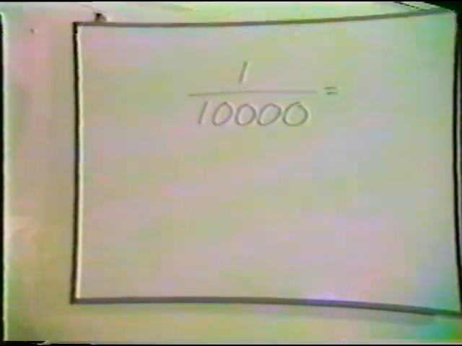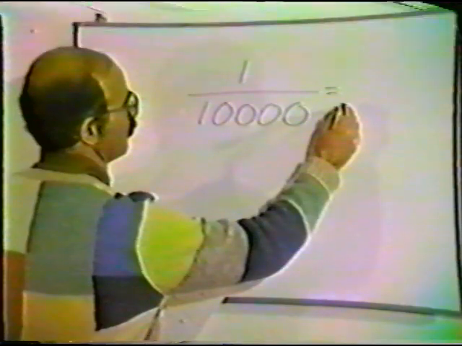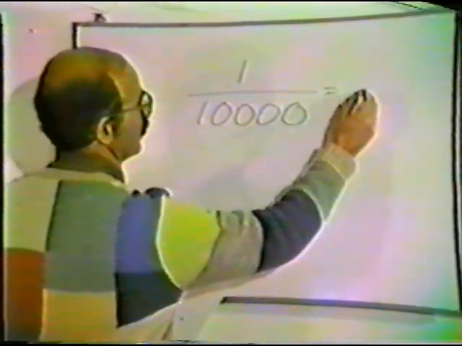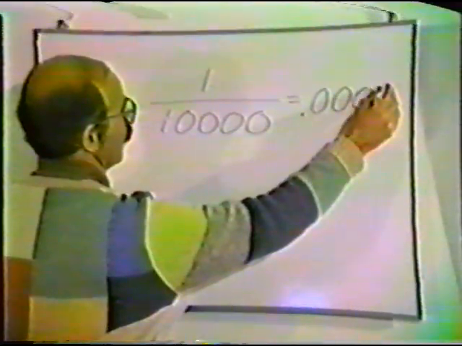One ten thousandths. How many decimal places? 4. 0.0001.